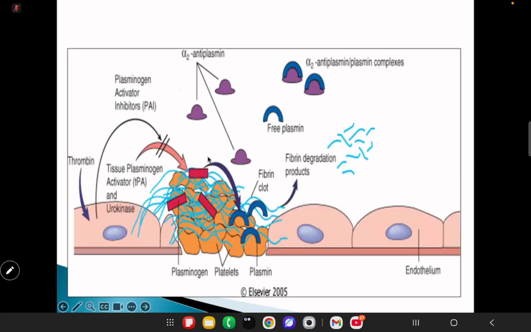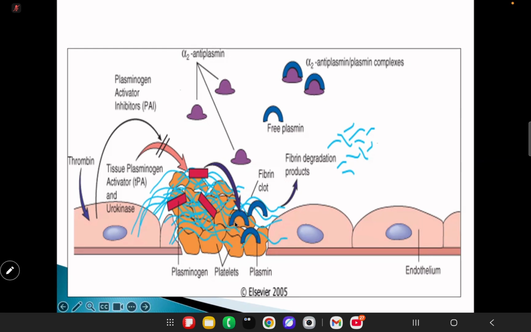Okay, so this is a good picture to show you what happens. This is the clot. It's a complex process, unfortunately, right? This is the clot, and this red one is the plasminogen, converted into plasmin.